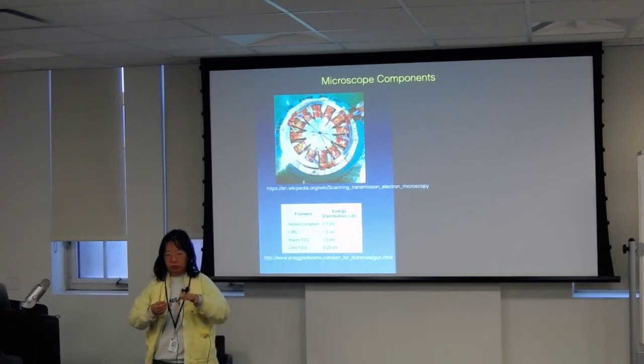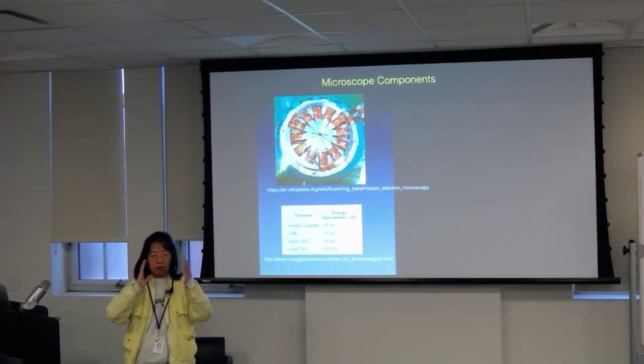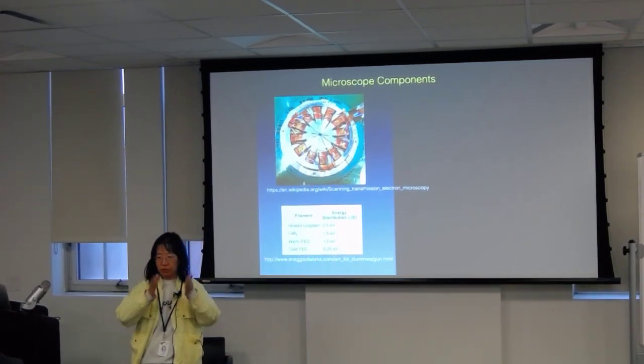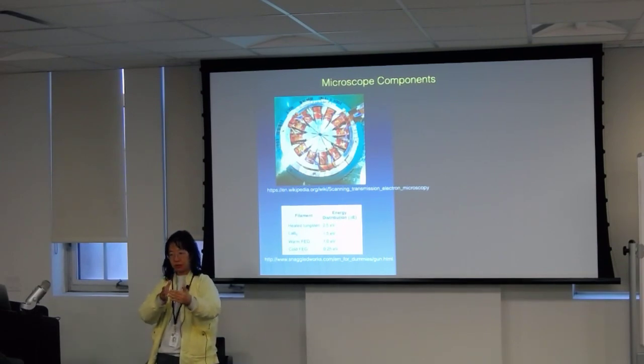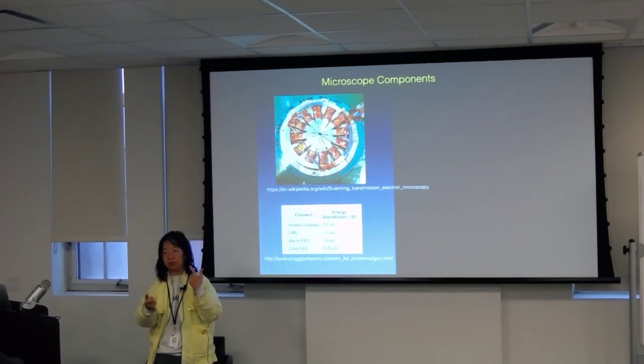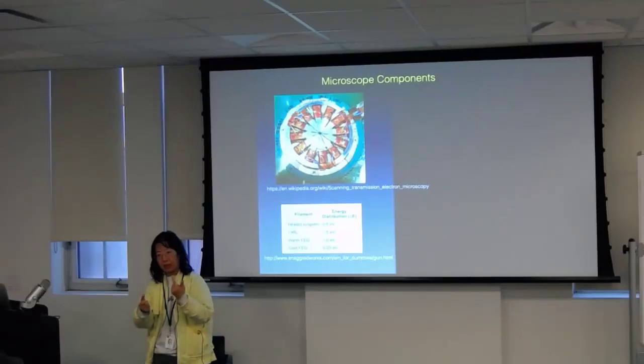Okay, so an electron source or any light source, if you want it to give you the best picture, the larger this value is, that means the energy spread of the source coming out from there is going to be larger.